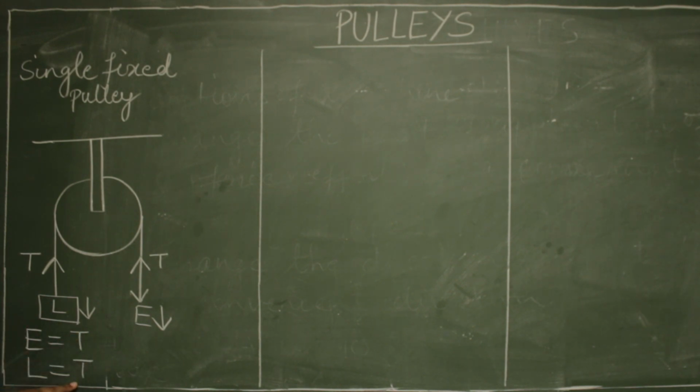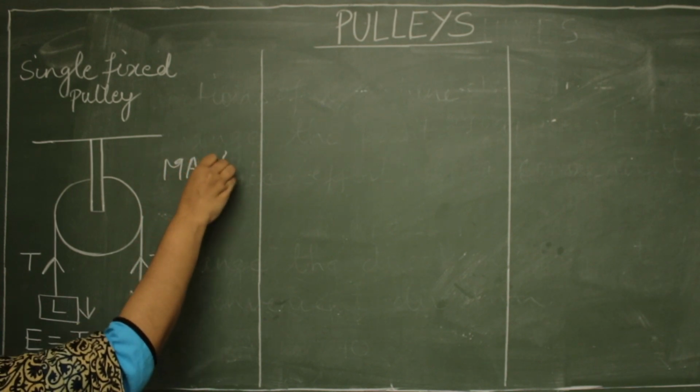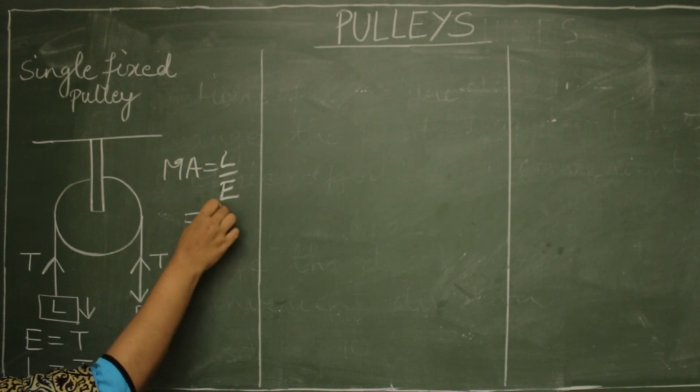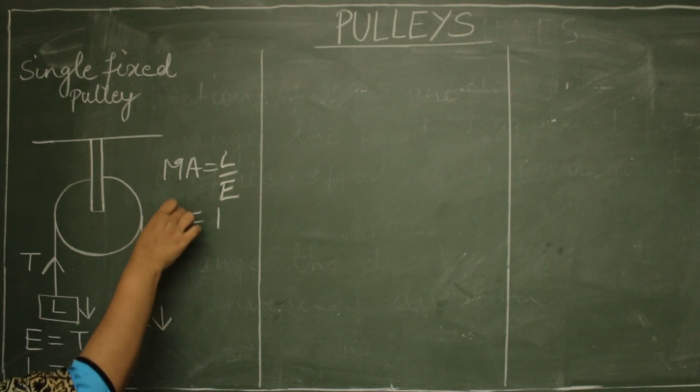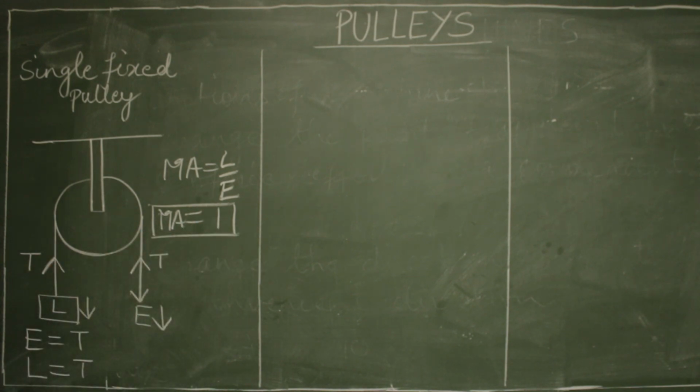Now if I want to find out the mechanical advantage of this machine, then as per the formula, mechanical advantage is equal to load upon effort. So on putting the values, I'll get the mechanical advantage of a single fixed pulley as 1.